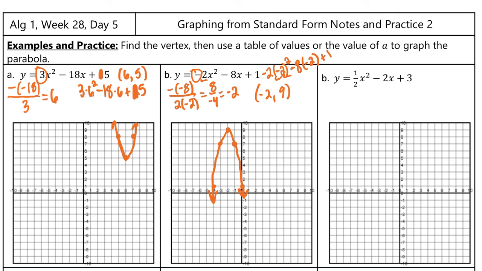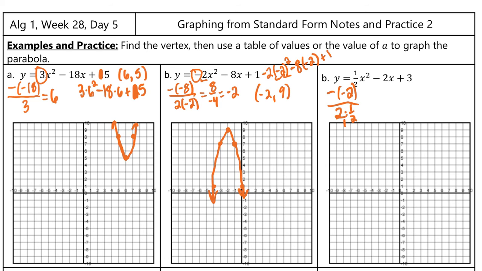Now, of course, if we're talking about stretches, we're also going to talk about shrinks. So here we have this 1/2, and there is a little bit of unpleasantness because of finding the vertex when we have a fraction, because the formula is already a fraction. So it'd be negative negative 2 over 2a, so 2 times a half.